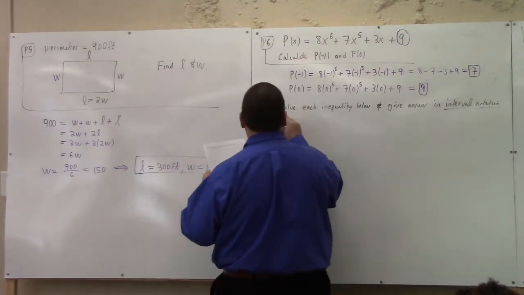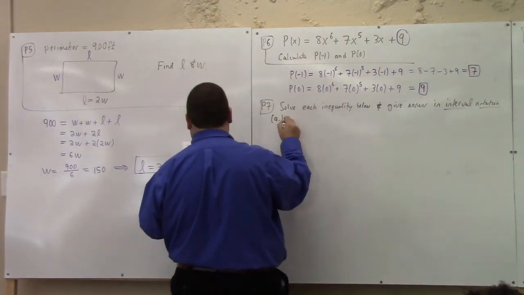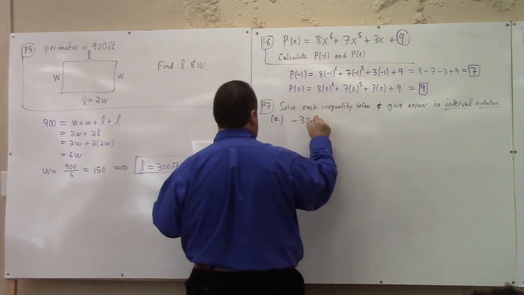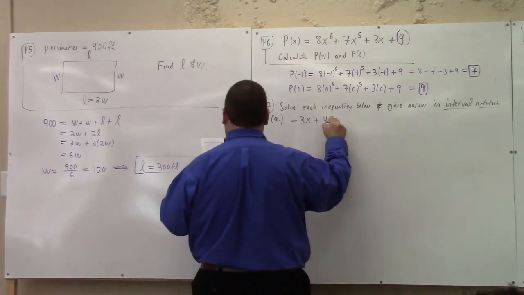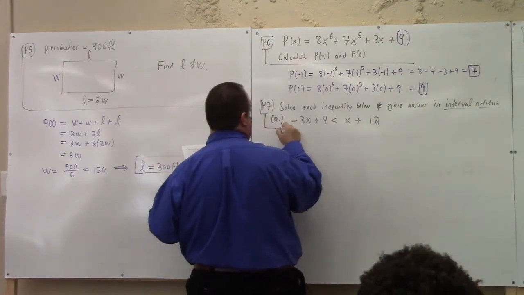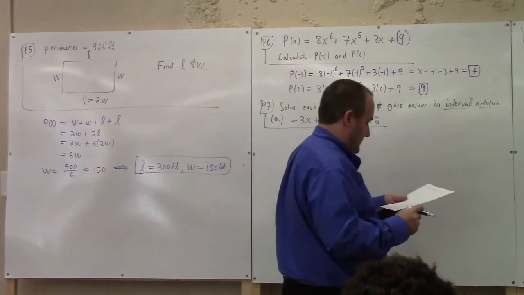All right, so A, here we have minus 3x plus 4 less than x plus 12. Start with that one.